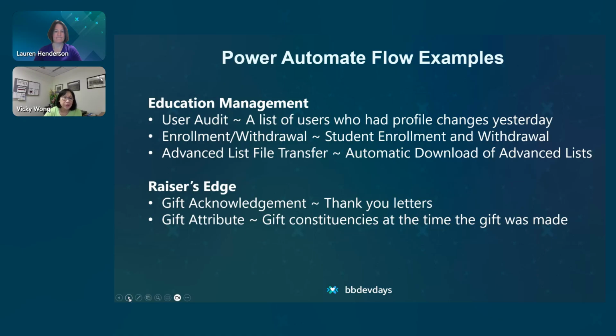Very often in a K-12 environment, your constituency changes. A parent may give a senior gift when they are a senior parent, but the next year their constituency has changed. This will capture the gift constituency at the time the gift was made, and also who the fundraiser was, more accurately, and I can easily pull that.